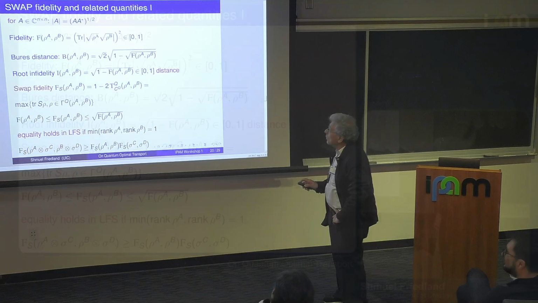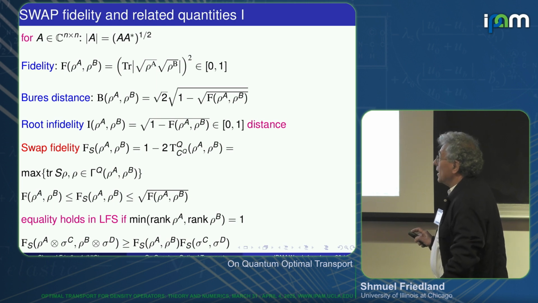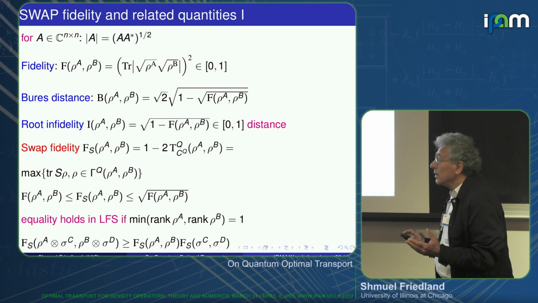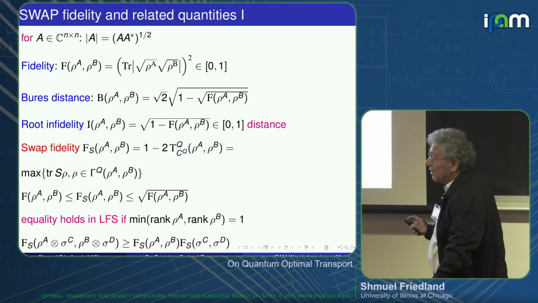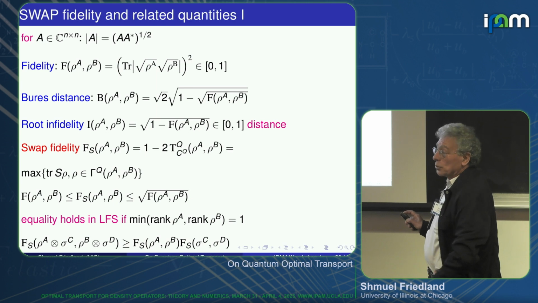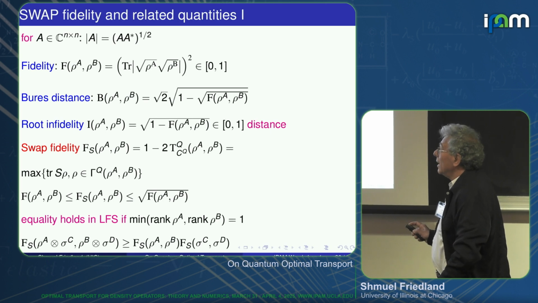Again, we're going to discuss swap fidelity and related quantities. If you have any matrix A, there is a way to obtain a positive semi-definite matrix from it: take A star A, and take the square root of that. If this Frobenius norm is 1, then this is going to be a density matrix.